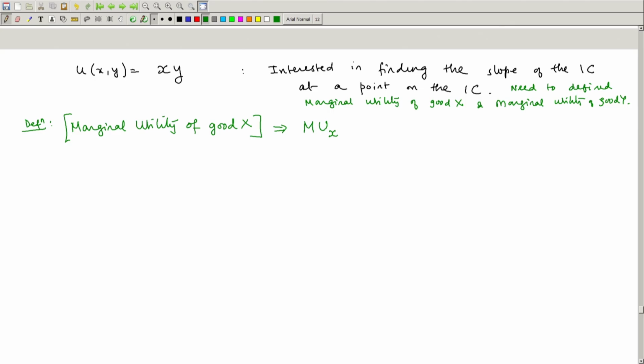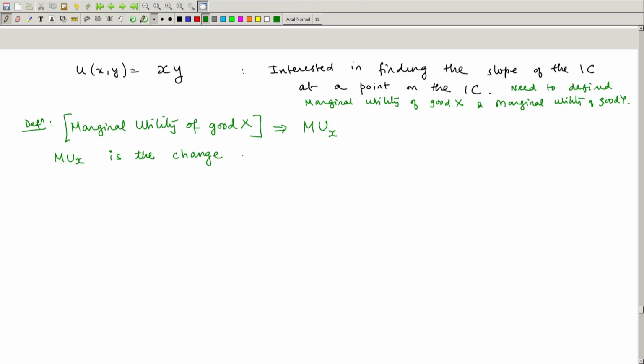Now, let me first state the definition. The marginal utility of good x is the change. Recall the definition of marginal revenue: a change in total revenue resulting from a unit change in the quantity produced.